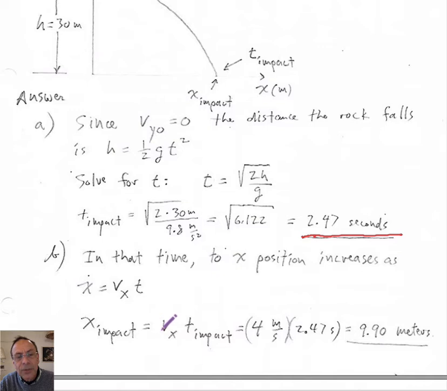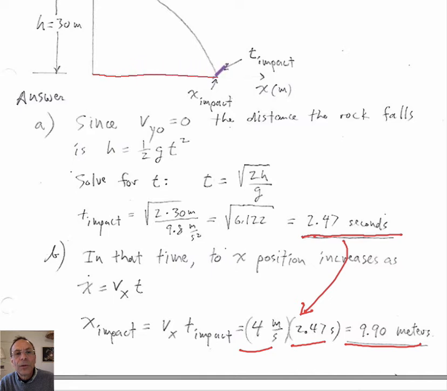It's equal to the x part of the velocity times the time of impact. You plug in the numbers, right? The 2.47 seconds came from there. The 4 meters per second was given, and you get the answer, 9.9 meters. So it moved 9.9 meters in the x direction before hitting the ground.